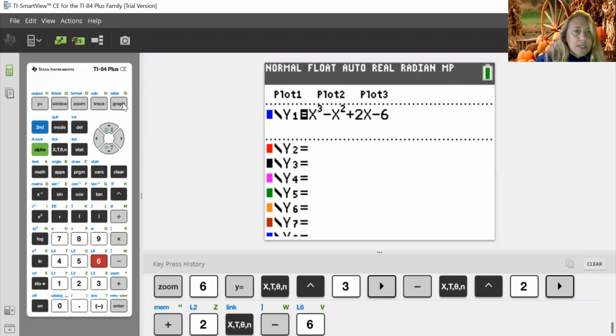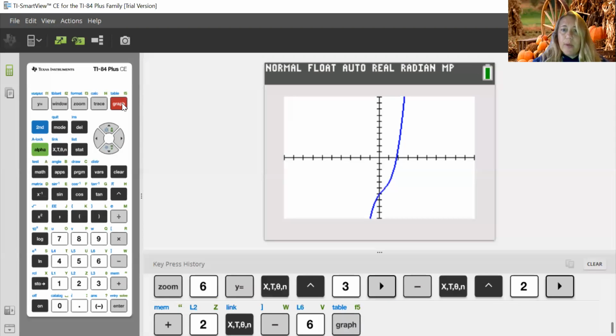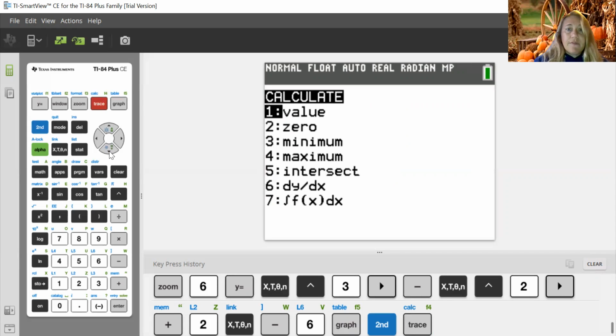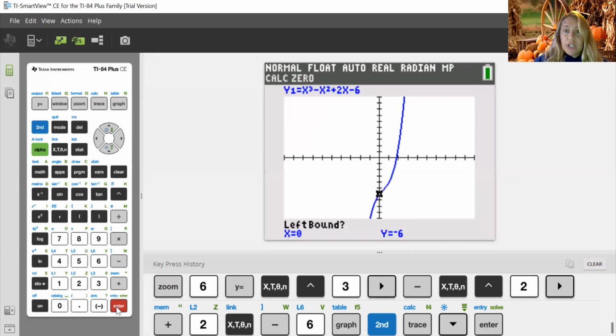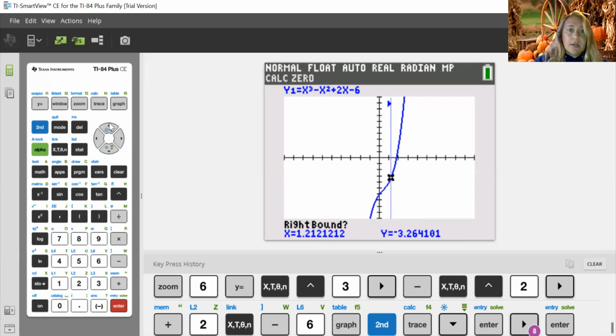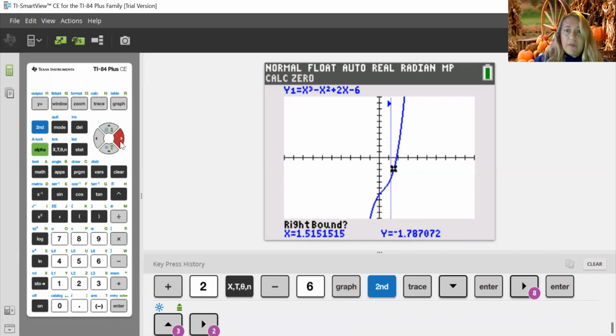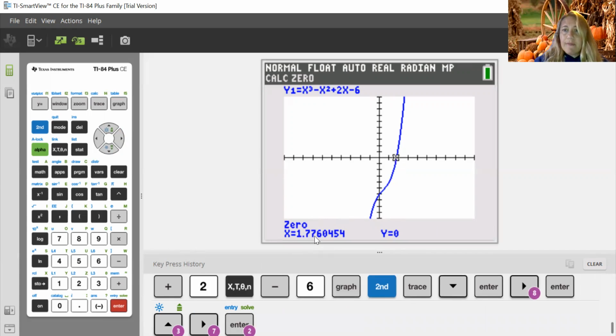I don't think I'm going to have to adjust my window, right? And so this time when I go to second calculate, I'm looking for the 0 of the function. Okay, so this time I'm doing the left bound, right bound. So I'm to the left of the 0, hit enter. I bring myself over so I'm to the right of the 0, hit enter. And there's my 1.78 again.